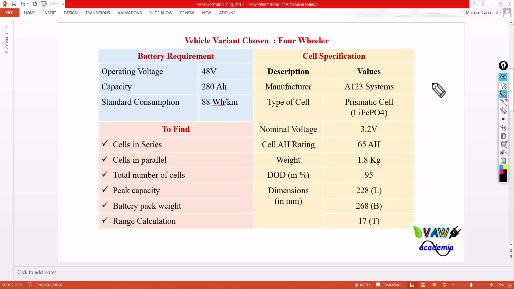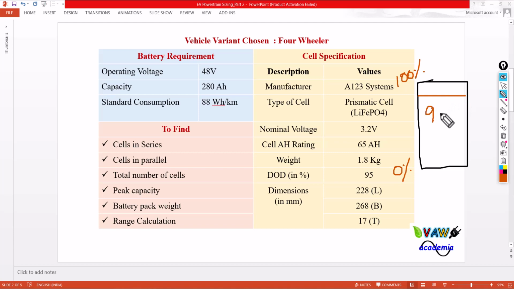What is depth of discharge? Let me consider this is a battery. I can say that this is 0%, that means completely empty, and this is 100%, that means completely full. But you cannot use 100% of the battery. You can use only 90 or 95% of the battery, because this will increase the number of cycles of the battery.